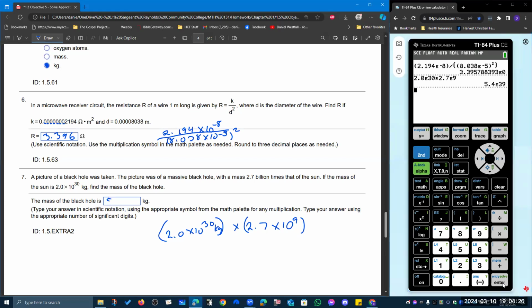So 5.4 times 10 to the 39th. Why do I say 2 significant digits? Because they showed that 0 there with the 2.0, so that makes that 0 significant. And then there are 2 significant digits here. So we want 2 significant digits in our answer.